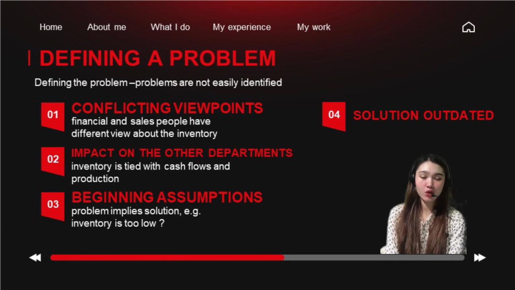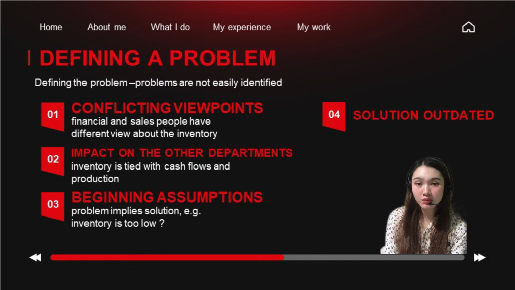There is, however, a fourth problem, even with the greatest issue statements. As the model is being built, the problem may alter. It's not uncommon for difficulties to develop or go away overnight in today's fast-paced business world. The analyst who proposes a remedy to a problem that no longer exists will not be credited for timely assistance.